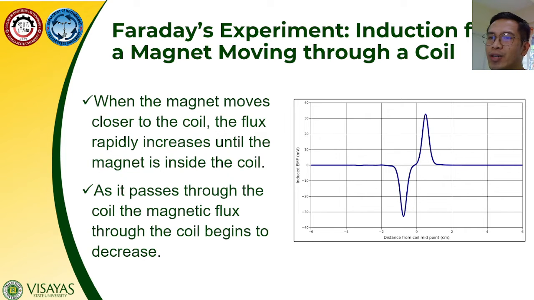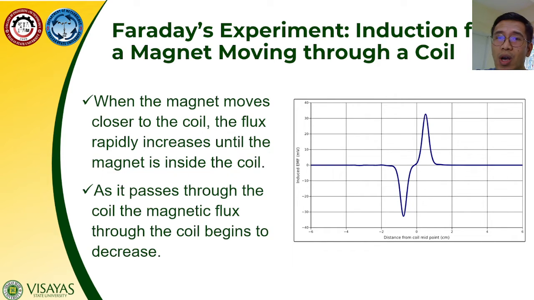So these observations are consistent with Faraday's law. Although the stationary magnet, as we all know, might produce a large magnetic field, there will be no EMF induced because the flux through the coil is not changing. So ang magnetic flux is not changing.